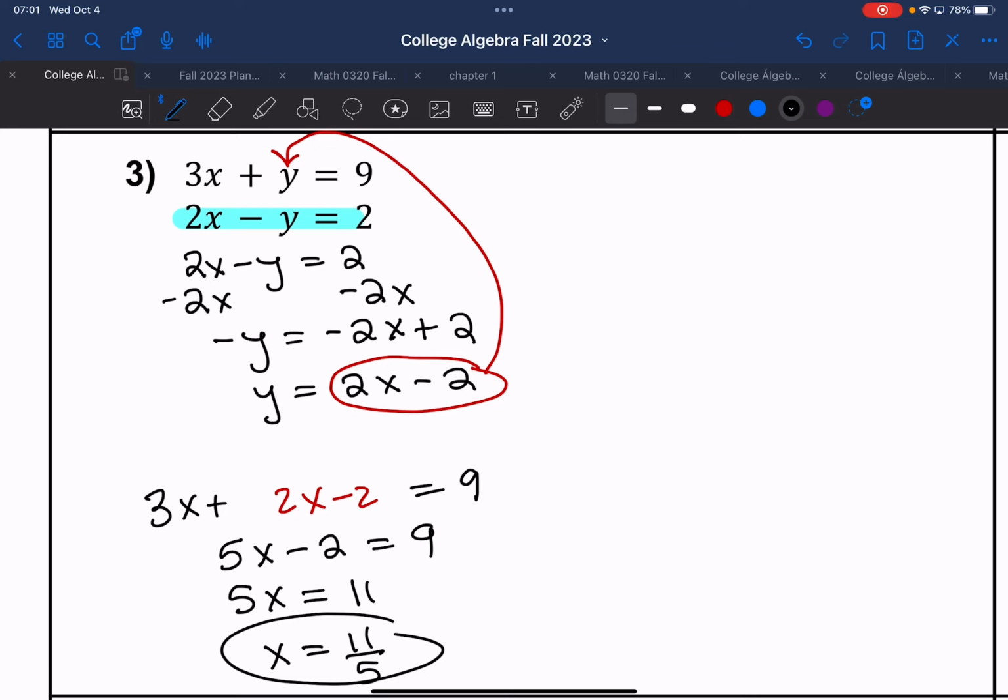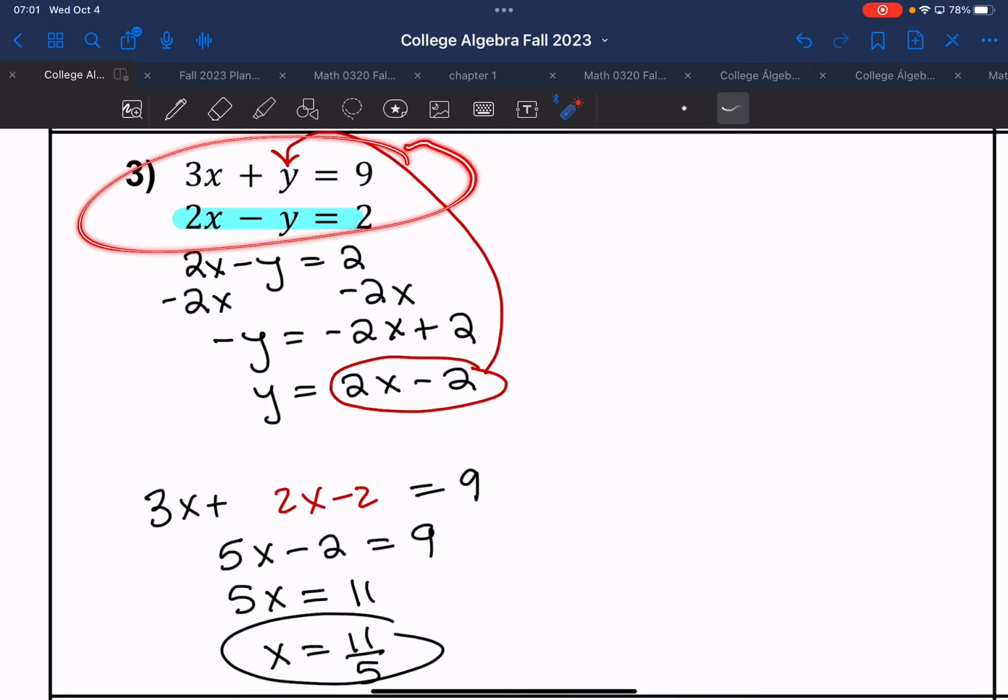Okay. So that means we are plugging in that x equals 11/5 into which equation? Y equals 2x minus 2. Good, we could plug it into this equation because this is where we got y by itself. That would be the easiest because y is already by itself. Or we could plug it into either of the two top ones.